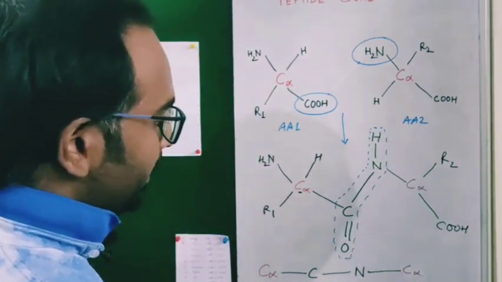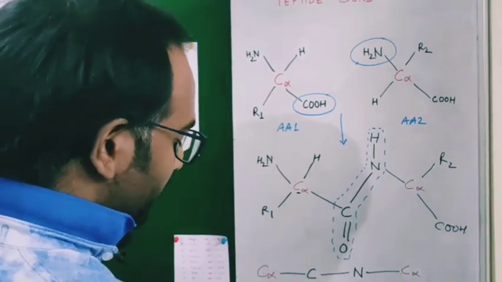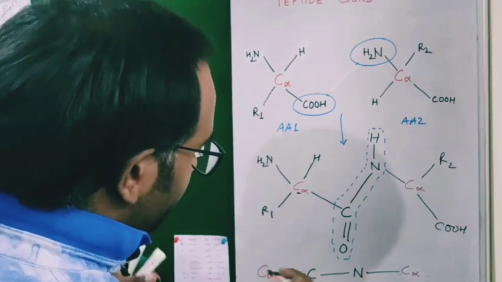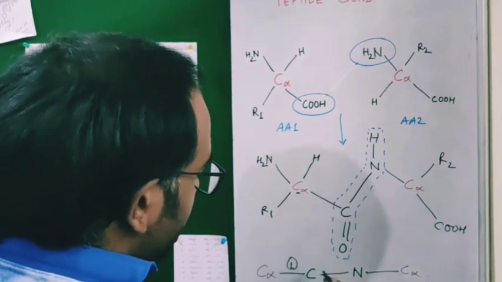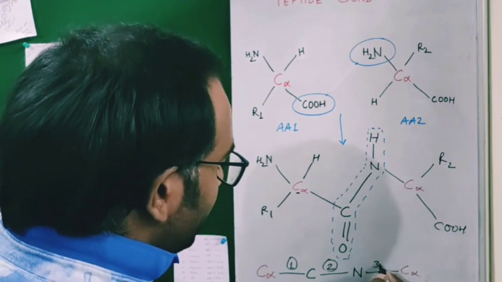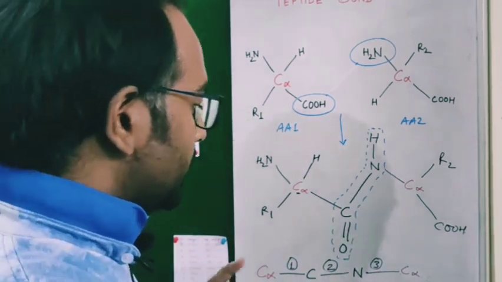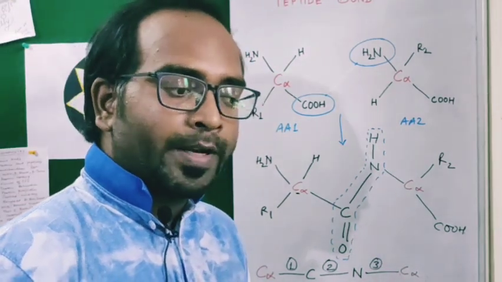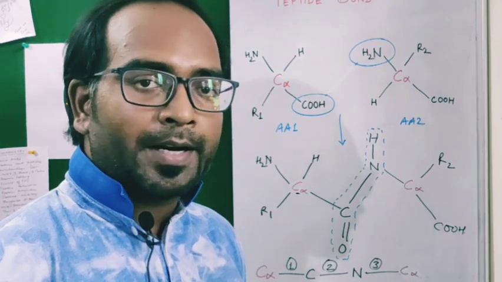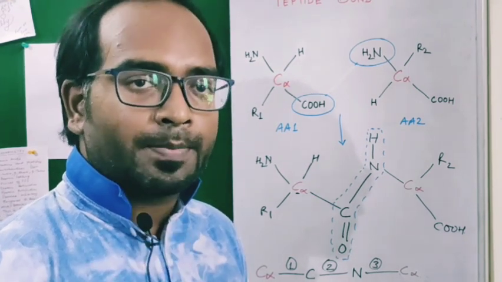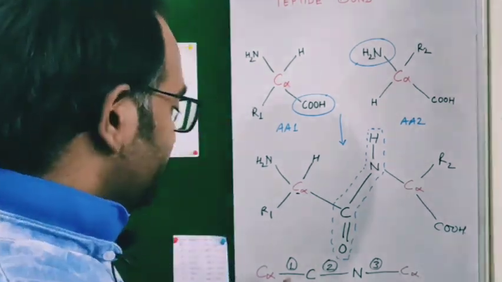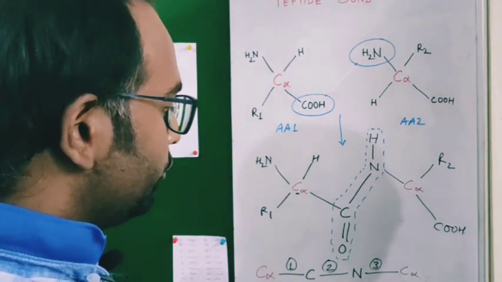Now count with me: 1, 2 and 3. So the answer to the first question is that there are 3 covalent bonds present in one peptide group.